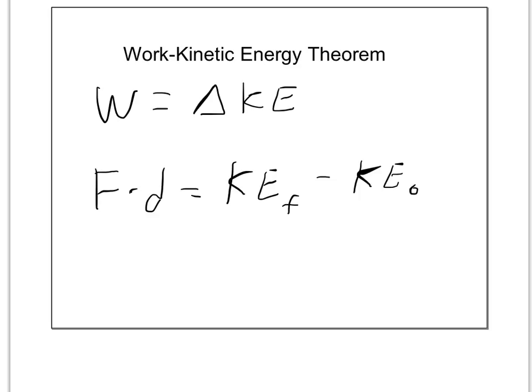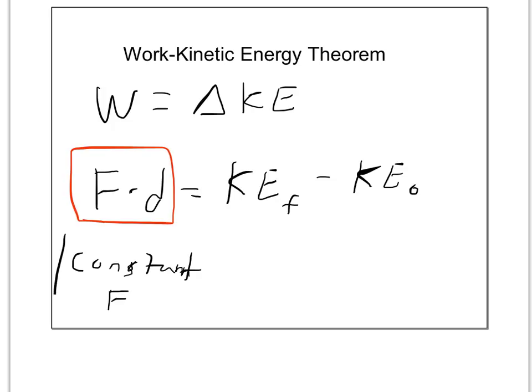Notice, however, that we can only use this force times distance expression if we have a constant F. And we'll look in a little bit at what happens when we don't have a constant F.